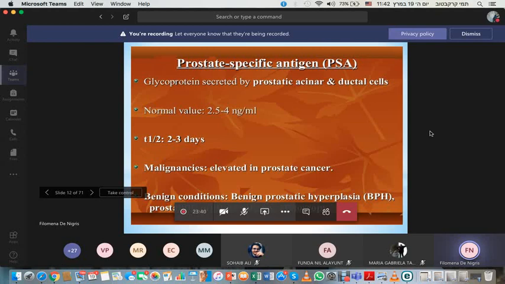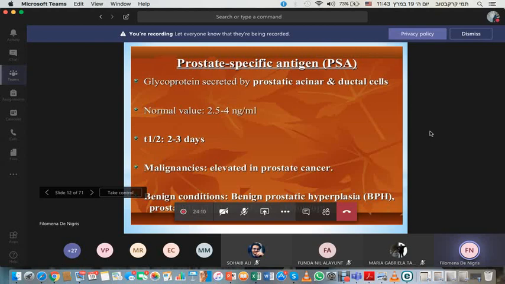I also show you the half-life of this marker. It is very important because we can monitor the treatment. If we have already made the diagnosis of prostate cancer and the patient is treated with a specific drug, we have to monitor the dynamic change of the PSA marker.